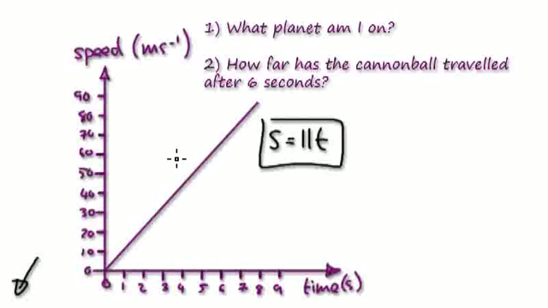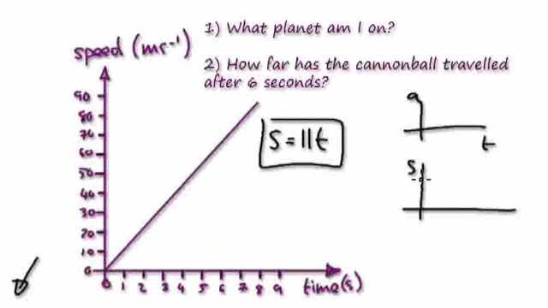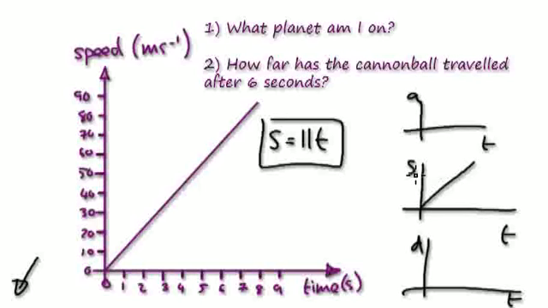Okay, so if you look at this, remember we have the acceleration time graph, the speed time graph, and the distance time graph, and we've been given the speed time graph. So from this, work out the acceleration. Find the gradient of this; it will tell us the acceleration.